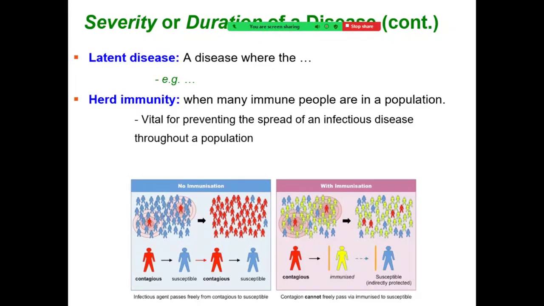If, on the other hand, the majority of the population is immune, then the only people who can get the disease are people who are in close association with people who have the disease. So this individual here and this individual will become infected, but the disease can't spread to these non-immune individuals because it has to spread to this individual or that individual before getting to there, and it can't get a hold in this individual because they're immune.